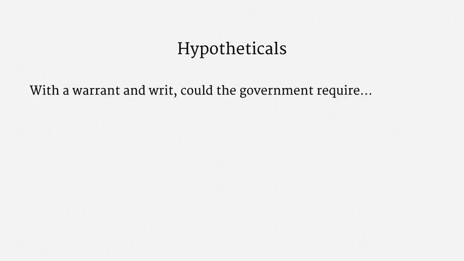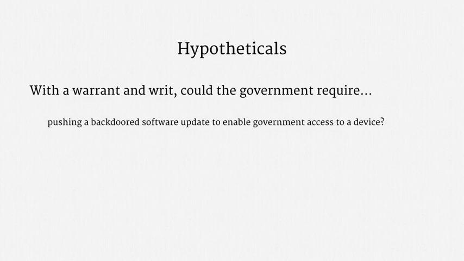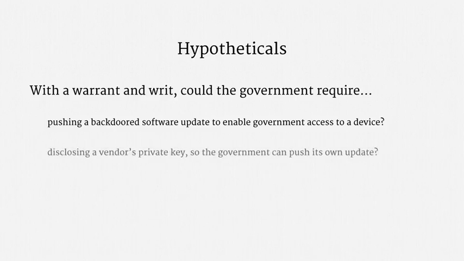Let me offer a few hypotheticals to get you thinking about how the All Writs Act applies to modern electronic surveillance. Suppose the government wants help hacking a device. With a warrant and a writ, could it require pushing a backdoored software update that enables access? Or could the government require disclosing a vendor's private key so the government can push its own backdoored update?